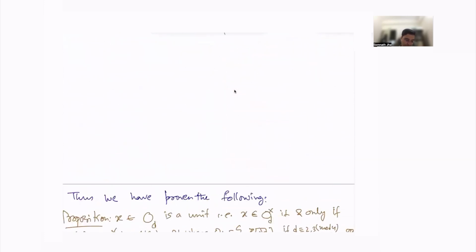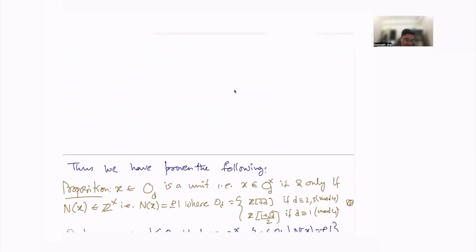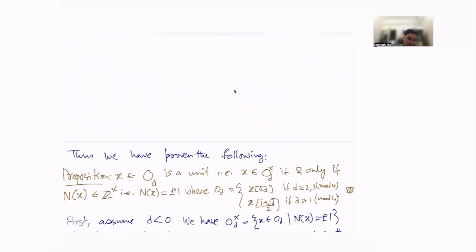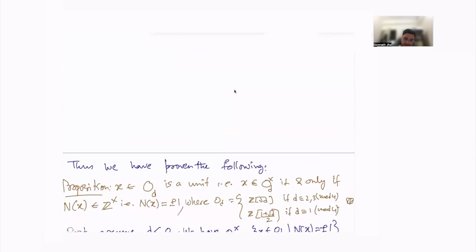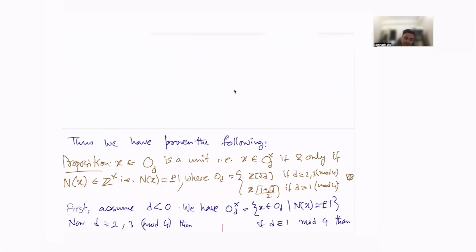So in summary, this is important: an element is a unit in the ring of integers of a quadratic field if and only if its norm is a unit in Z, and so norm x is plus minus 1. So we can directly write this; we don't gain anything by writing this.